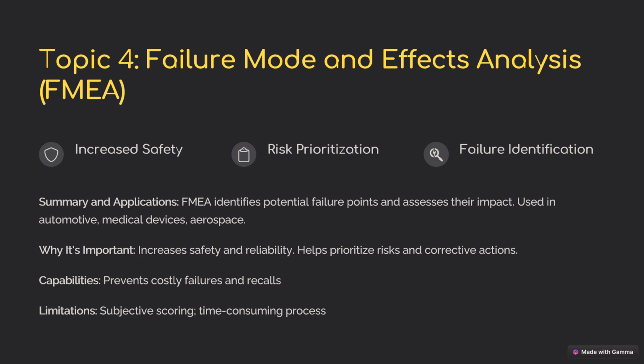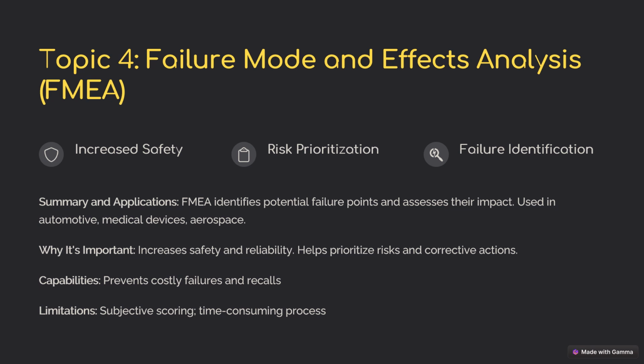For example, if a battery pack in an electric car could overheat, FMEA would help assess the likelihood, the severity of the outcome, and how easily it could be detected. Based on that, engineers might redesign the cooling system or add sensors. FMEA helps prevent costly recalls, improves reliability, and builds customer trust, which are all important to success in the engineering and business world.